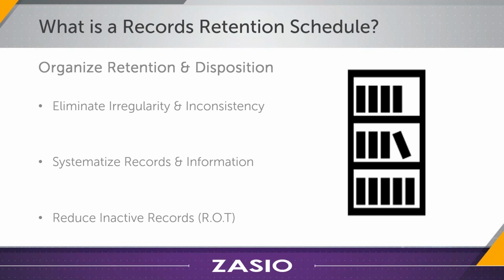And sometimes it can be as much as 70% of a company's records in a typical enterprise. They can be rot. So this information really doesn't serve any purpose except to take up space, cost money for storage, and in the event of litigation, it's potentially discoverable. So having a records retention schedule in place gives us a system that will slowly but surely reduce and eliminate that rot.